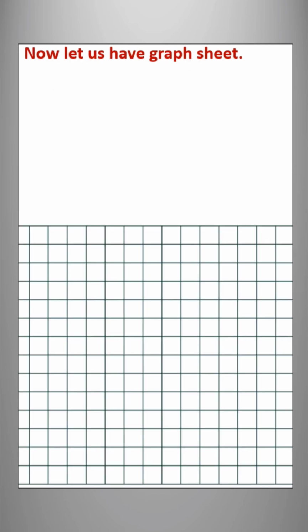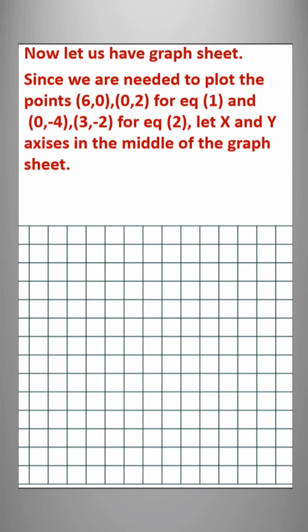Now let us have a graph sheet like this. Since we need to plot the points (6, 0) and (0, 2) for equation number 1 and (0, -4) and (3, -2) for equation number 2, let the x and y axes be in the middle of the graph sheet. Since we have negative values, this is the x-axis, this is the y-axis.